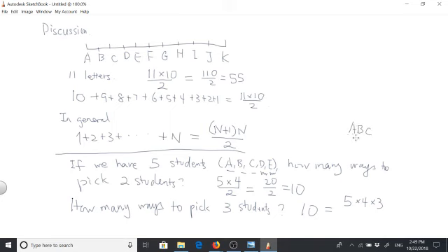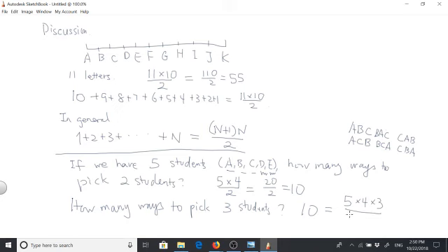It's ABC is the same as ACB and same as BAC and BCA and same as CAB and CBA. So all 6 choices will refer to the same choice of 3 students. So you need to divide by 6. Okay, and you see that this is 60 divided by 6 will equal to 10.